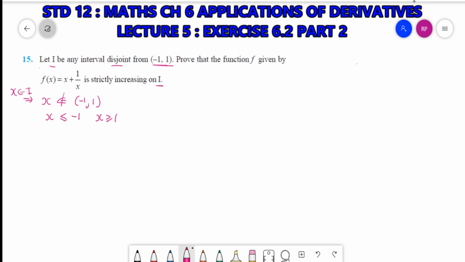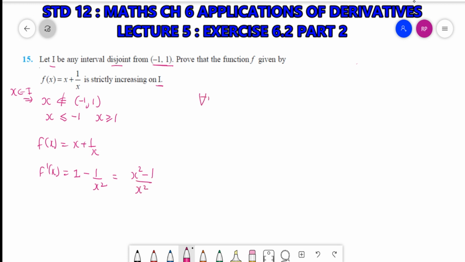Clear? Now what is f(x)? x plus 1 by x. So what will be f dash x? Derivative of x is 1, minus 1 by x square. So this will be equal to x square minus 1 upon x square.